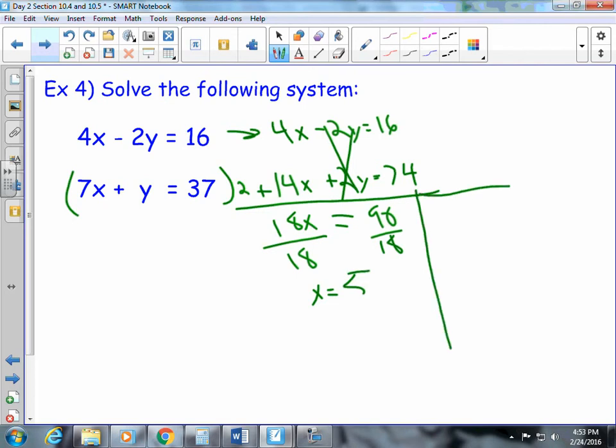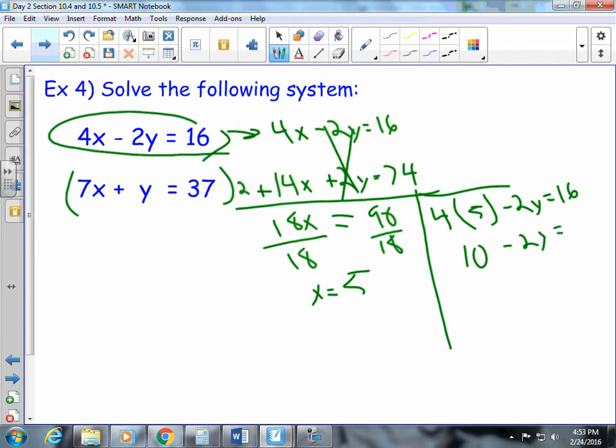So again, once I know that x equals 5, everything else is the same from here. I'll pick the top equation to plug in and solve for my y value.